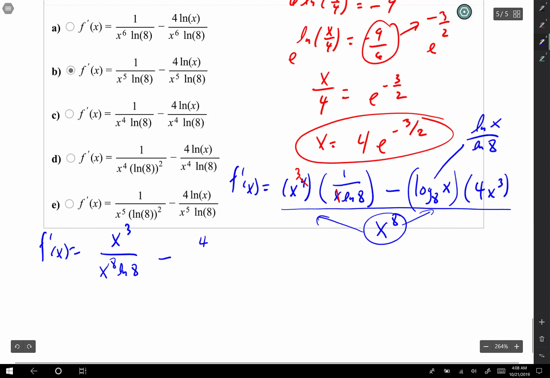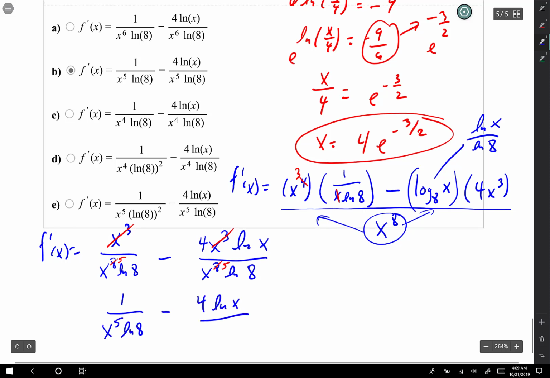So I'm going to have 4x cubed ln x over x to the 8th ln 8. Now I'm going to cancel. There's 3 x's that I can cancel, so that turns to x to the 5th again. So you have now 1 over x to the 5th ln 8 minus 4 ln x over x to the 5th ln 8. And if you wanted to put it together as one, you could, but they didn't bother. There it is right there, guys.